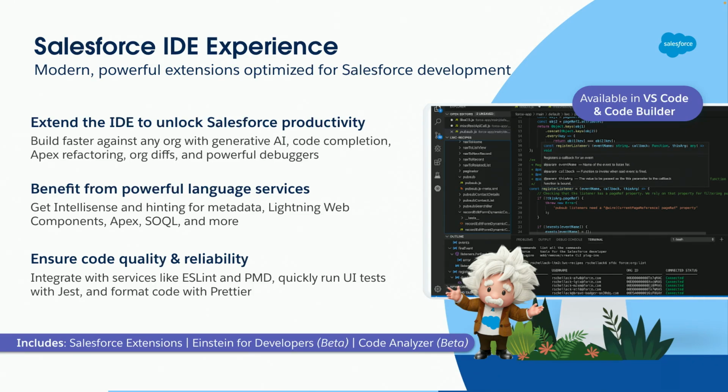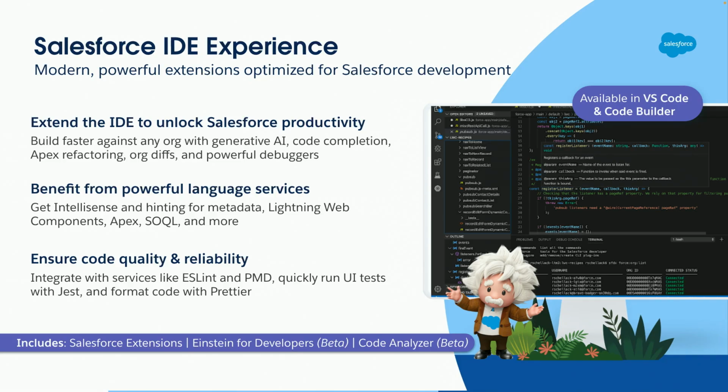With Salesforce extensions, another reason we love VS Code is how customizable it is. Within VS Code, they have a Marketplace from where you can download extensions and customize your development experience in the IDE. That's where our Salesforce extensions come into play.